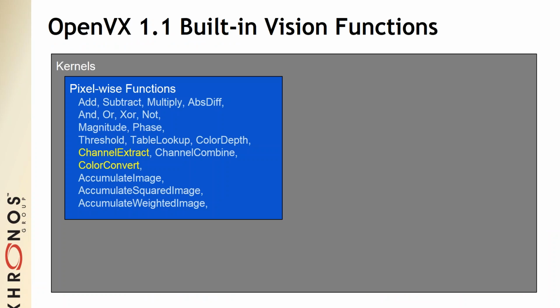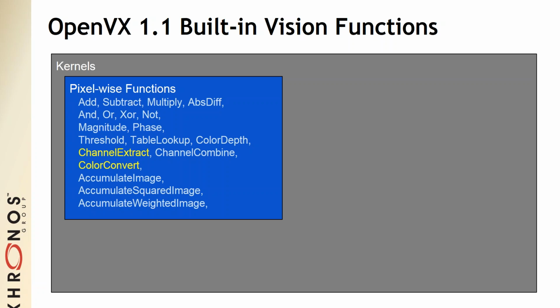You can see basic arithmetic functions such as addition, subtraction, multiply. There are logical functions available. And there is magnitude and phase when you have a gradient coming out of, let's say, a Sobel operation. You can pass those gradients and compute magnitude and phase at the pixel level. Then you have threshold, table lookup, and color depth if you have to convert from 8-bit to 16-bit and vice versa. If you have different color spaces such as RGB, and you want to convert it to YUV or vice versa, you can use color convert.